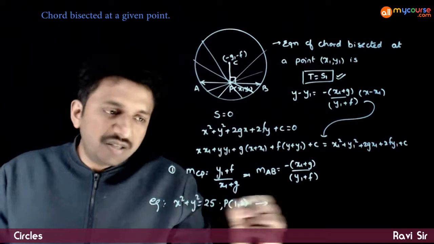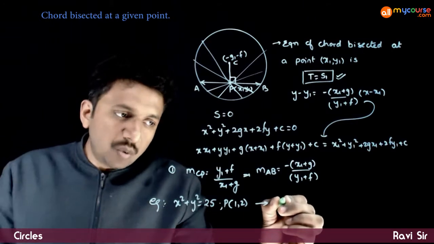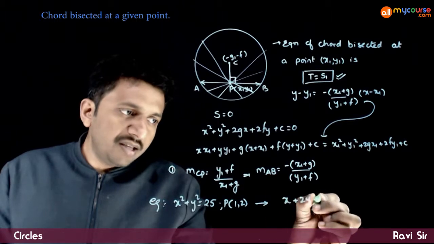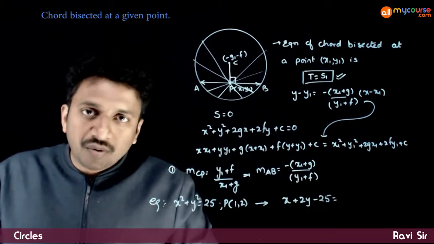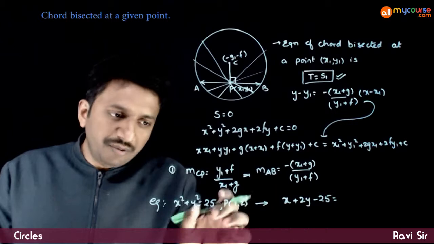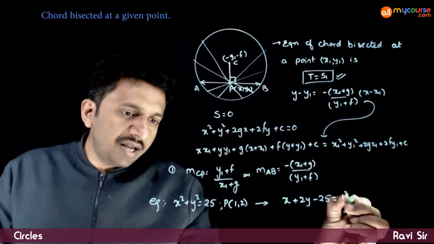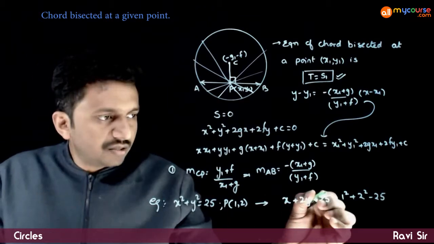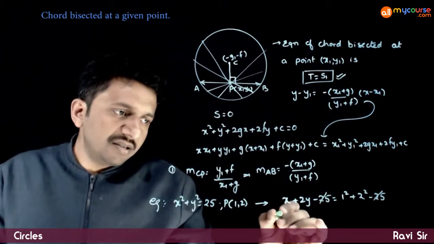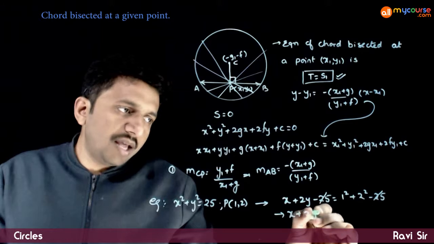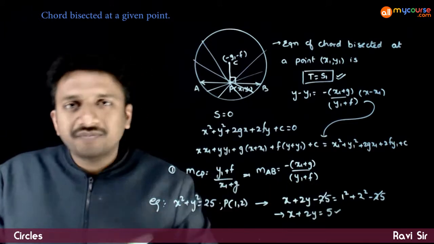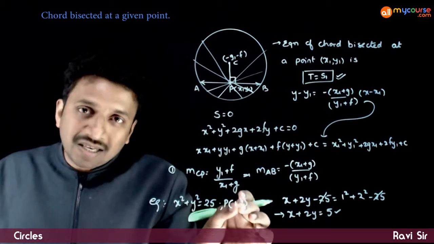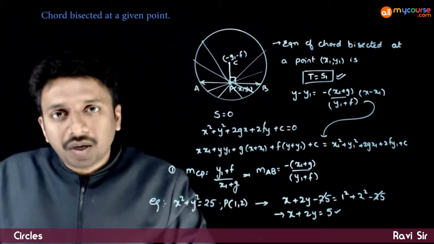So the equation will be just x into 1 plus 2y minus 25 is equal to T is equal to S1, which is 1 square plus 2 square minus 25. 25 gets cancelled. So you get x plus 2y is equal to 5. So this will be the equation of the chord bisected by the point 1, 2.